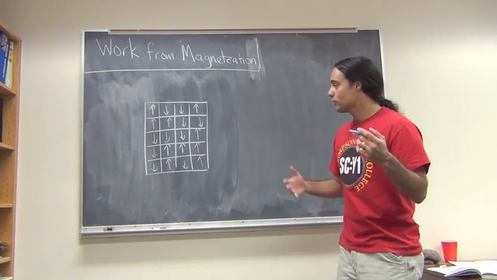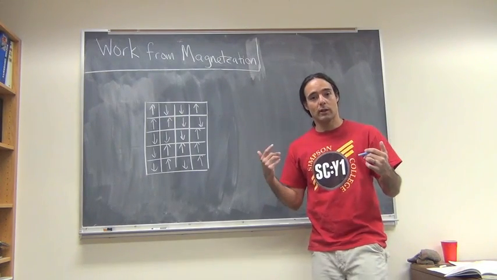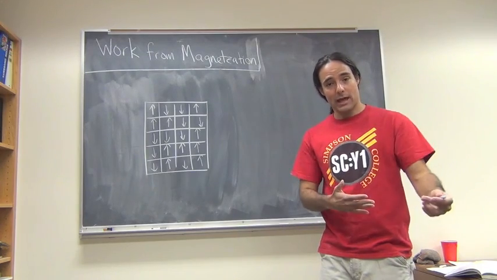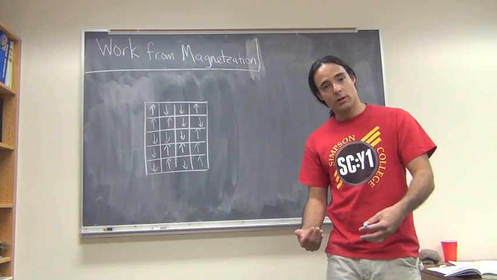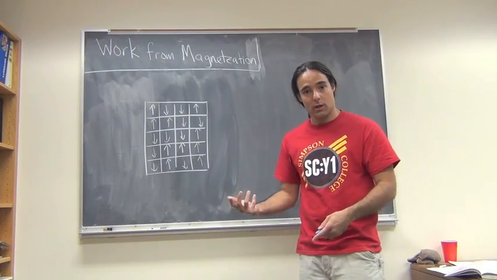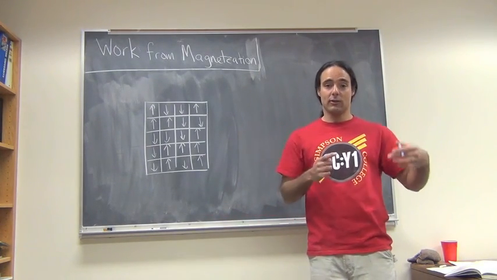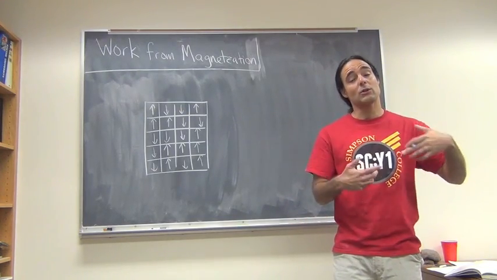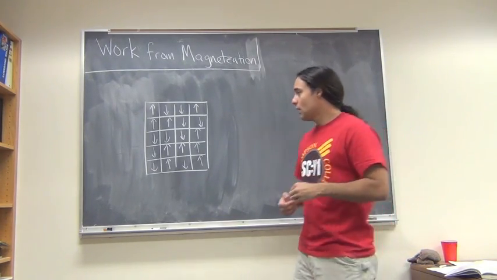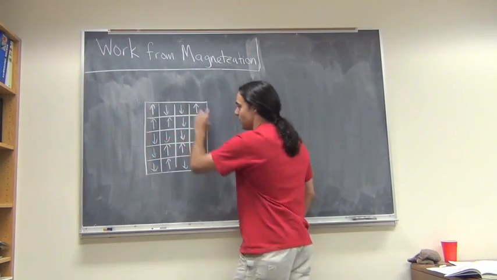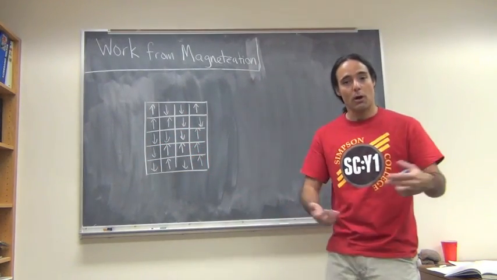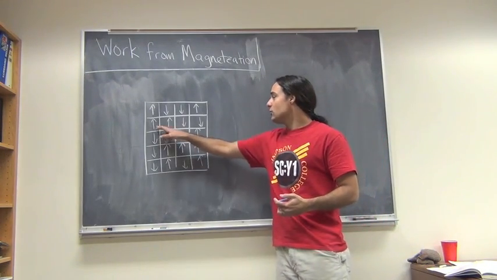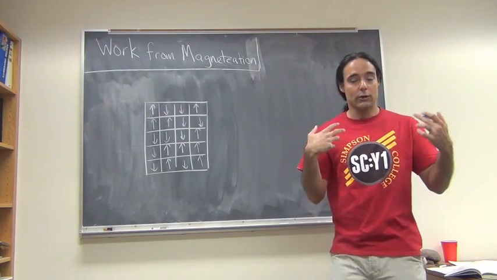Okay, we've talked about polarization, which is how I get the charges in a molecule to stretch when I apply an electric field. A very similar instance is magnetization, which is how I get the magnetic spins in a material to start to align when I apply a magnetic field. So let's say I have some material, maybe a piece of iron, maybe a piece of cobalt, some sort of magnetic material, and each atom has a certain spin to it.